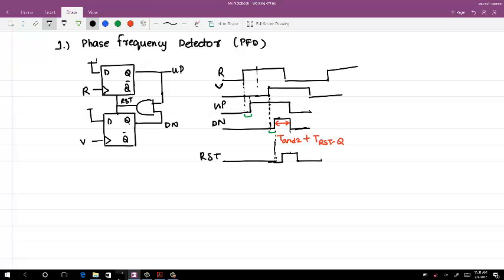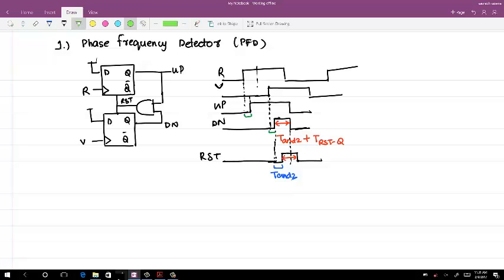So this one is also equal to T AND 2 plus T reset to Q. The only thing is that this is the T of AND 2 delay. This is the logic delay which is involved.